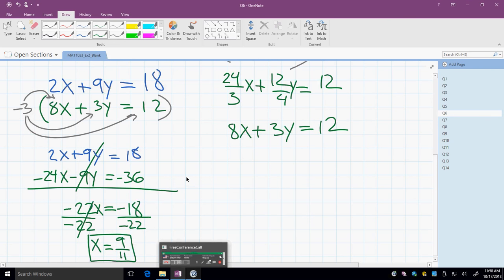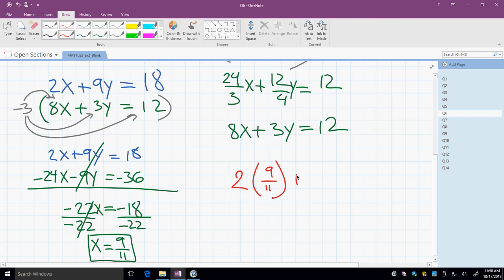Let me choose maybe red. So we have 2 times 9 over 11 plus 9y equals 18. So 2 times 9 is going to give me 18 over 11 plus 9y equals 18.